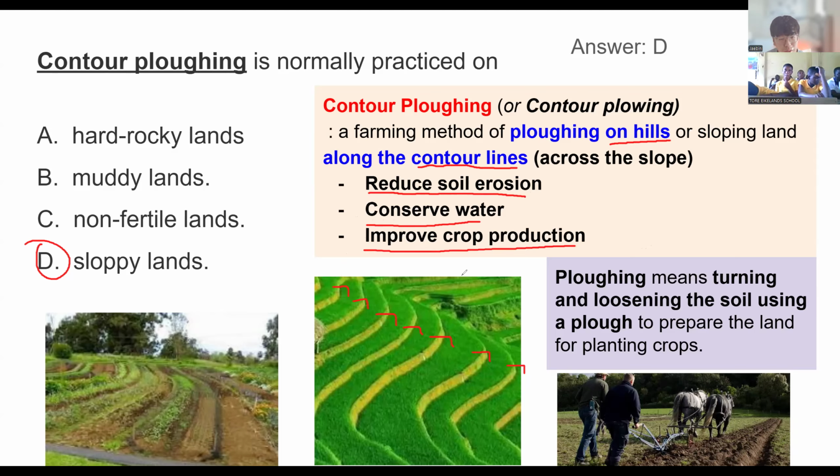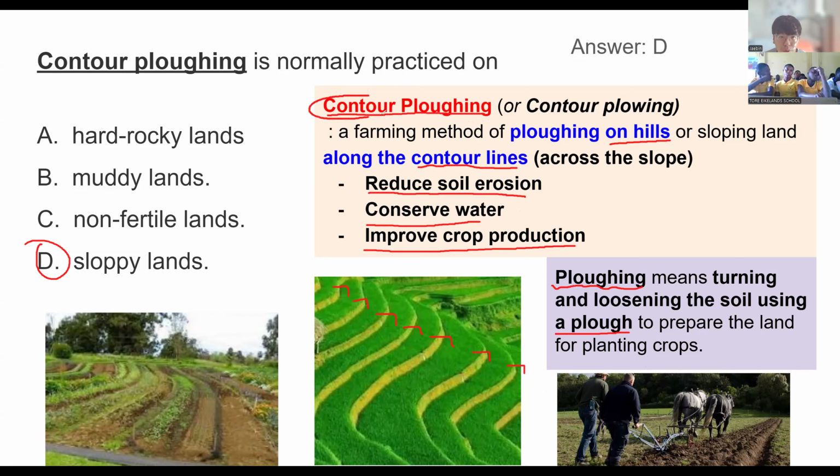And again, reviewing plowing: what is meant by plowing? It means turning and loosening the soil using a plow to prepare the land for planting crops. So, in the context of contour plowing, it is a method that is used to prepare the land for planting crops.